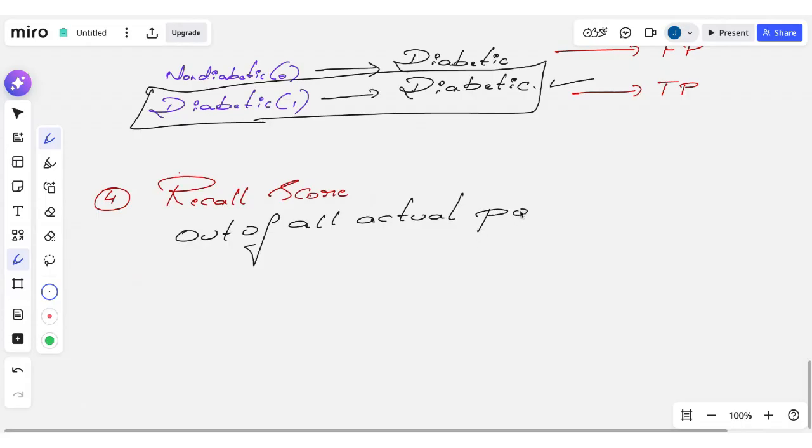Out of all actual positives, now we are thinking about actual positives, how many are true positives?